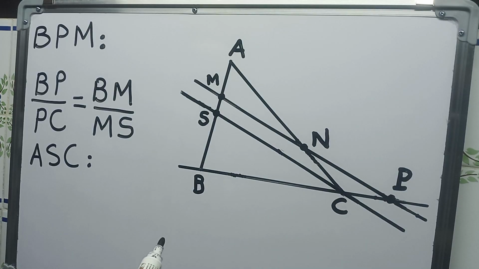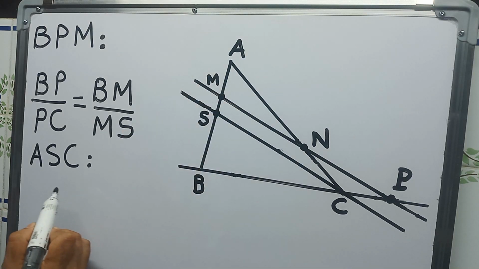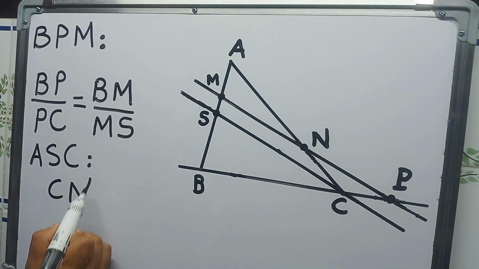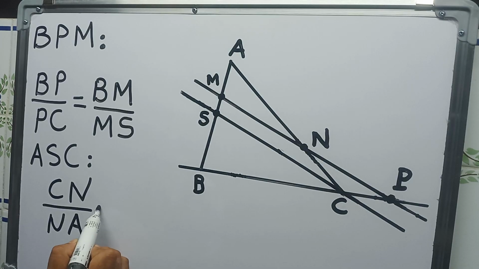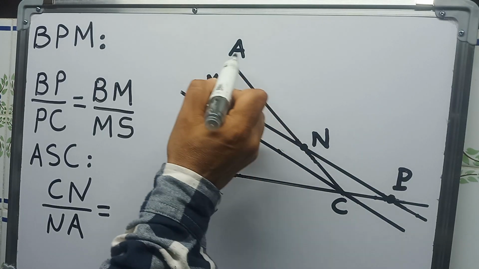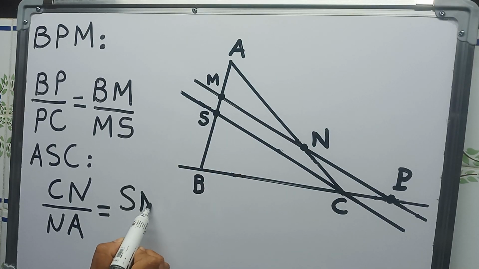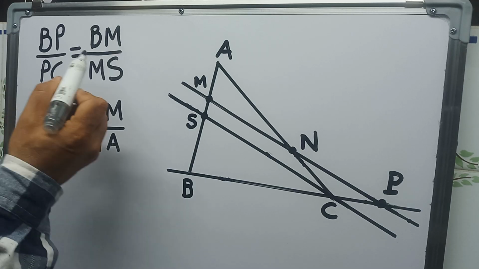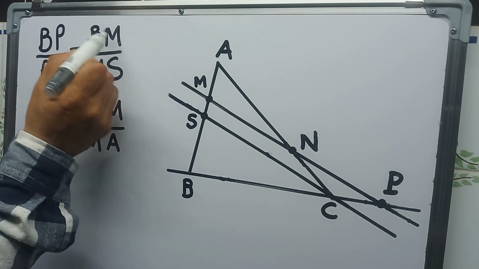So applying the intercept theorem, we have CN over NA is equal to SM over MA.